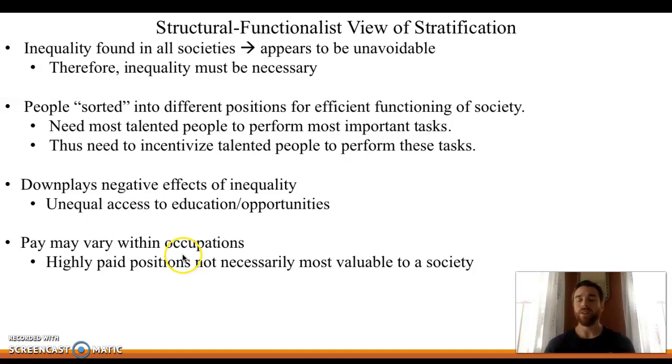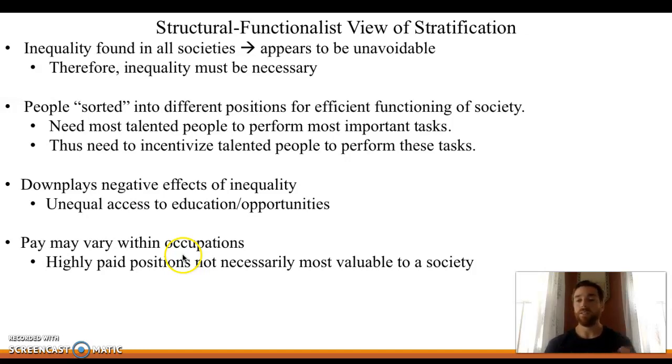This is the idea that society is always trying to reach a state of equilibrium, and so a structural functionalist is going to argue that those who make more money in income, those who are worth more, are doing this because they are more talented and more qualified, and thus that's society's way of rewarding these people to get them into the more important positions, important careers for the functioning of society. A structural functionalist is going to argue that that difference in economics is needed to attract the best candidates to the most important positions.